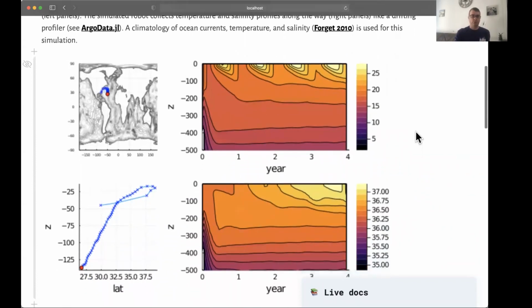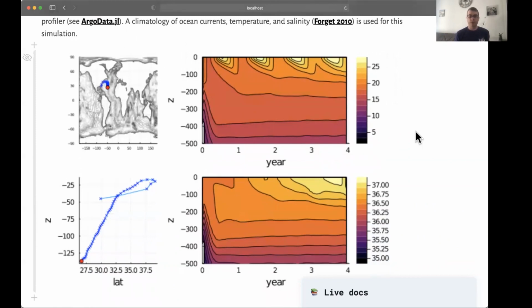So as you see, the robot follows the Gulf Stream path, and then sort of veers east and then south. Along the way, it goes from 45-meter depths to somewhat upward and then back down. And you're seeing a few cycles of temperature and salinity here.